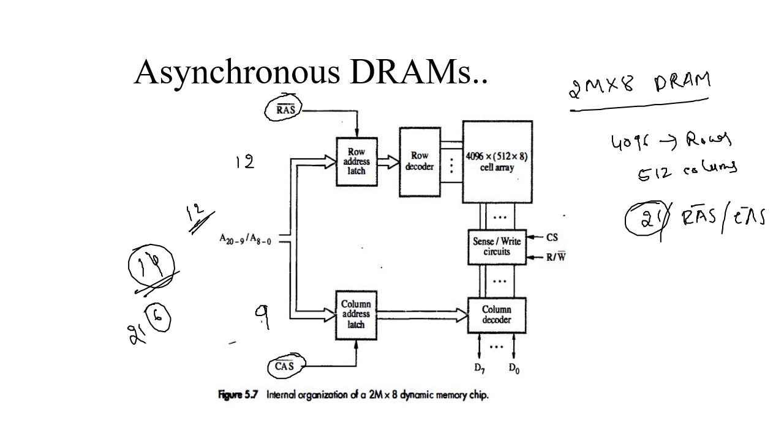So the row address strobe will latch the row address and it will be forwarded to the row decoder. Here the row decoder decodes the 12 inputs into 2 power 12 word lines. So the 12 inputs that the row decoder gets will be converted into 4096 word lines.